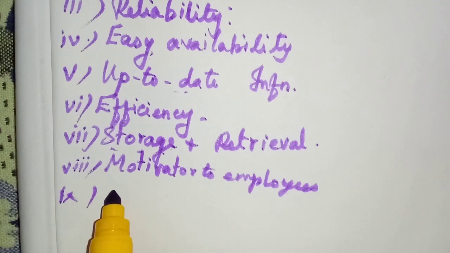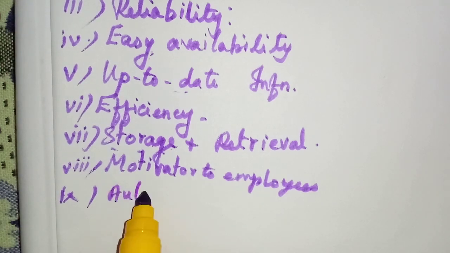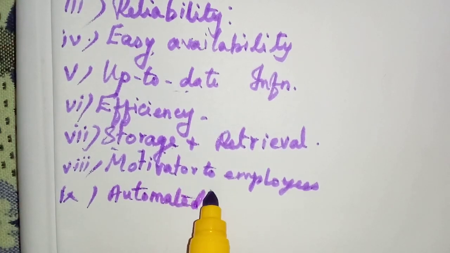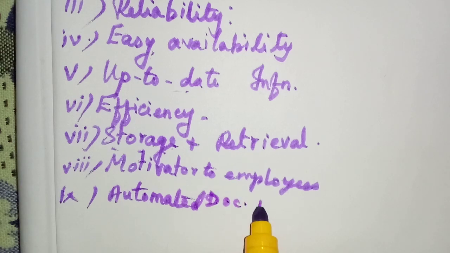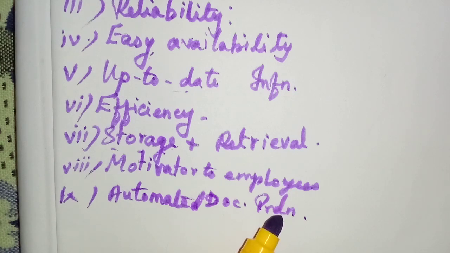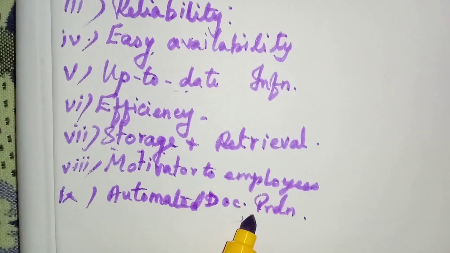Then automated document production. Here, for example, we enter the transactions in the computer, and it provides all the documents, maybe the trial balance, then balance sheet, profit and loss account, trading account, everything it provides.